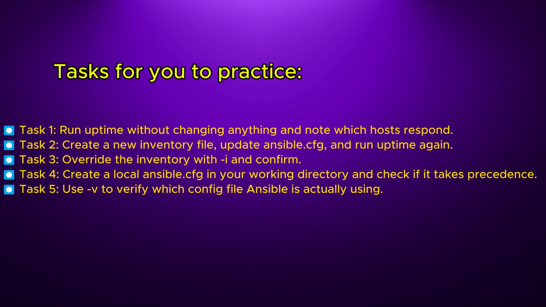Override with the -i option for another inventory in your ad hoc command. Task 4. Create an ansible.cfg file in your current directory and check if it properly takes precedence. And task 5. Use the -v option and confirm which config file is being used. If you can do all these tasks, then you have mastered Ansible configuration basics.